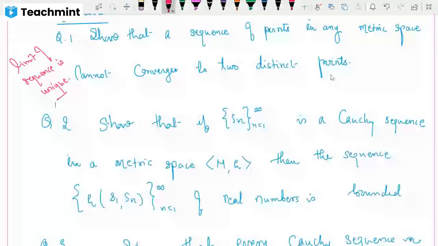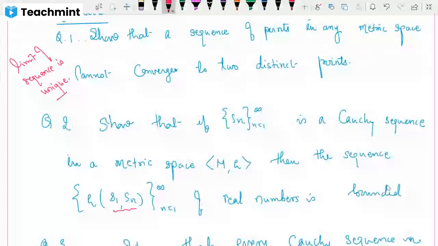Very simple. Second, show that if Sn is a Cauchy sequence in a metric space (M, ρ), then the sequence ρ(S1, Sn) is bounded. Here we are fixing the first term and varying the second term. So ρ(S1, Sn), n varying from 1 to infinity, of real numbers is a bounded sequence.